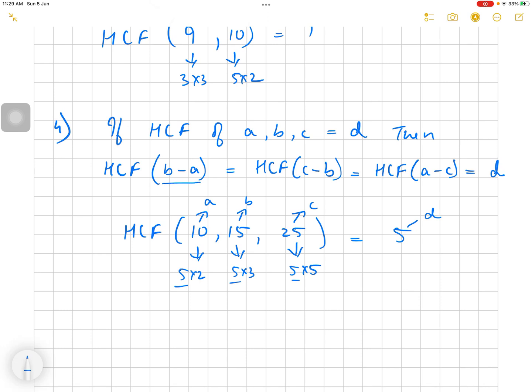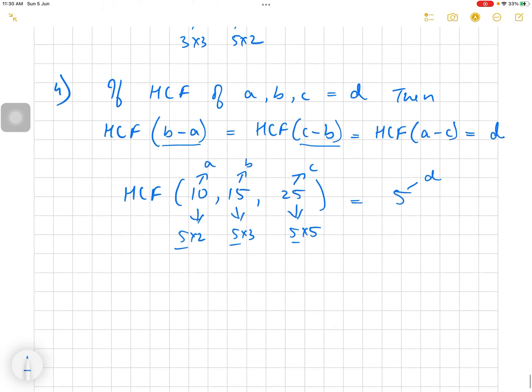So B minus A means 15 minus 10. 15 minus 10 is 5. C minus B is 25 minus 15. 25 minus 15 is 10. And A minus C is 10 minus 25, which is again 5.